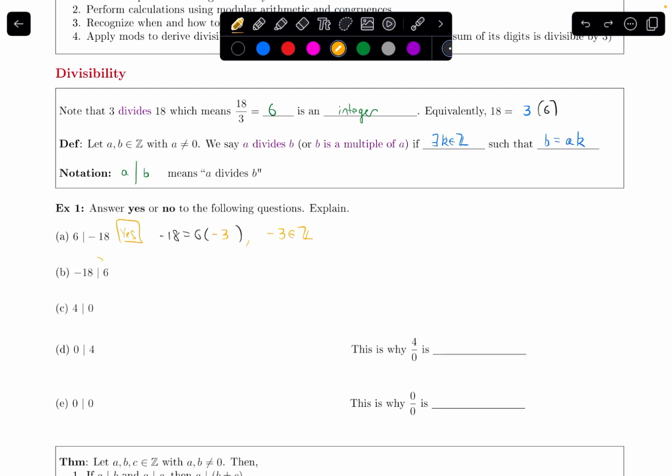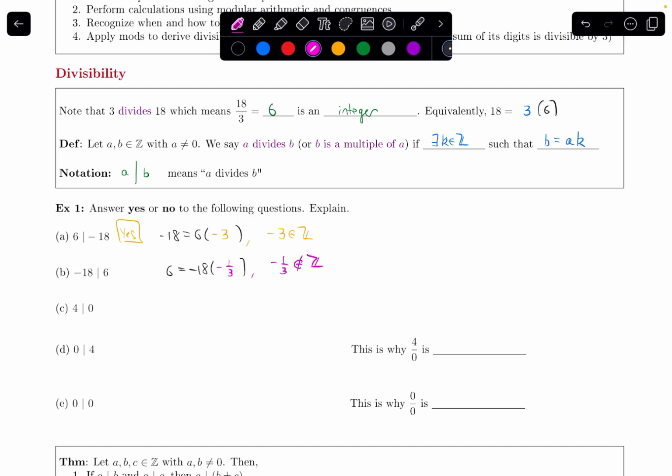In B, what if I flip it? Does negative 18 divide 6? Now the 6 is over here, and is that equal to negative 18 times some integer? The value that works in the parentheses is negative 1/3, but unfortunately negative 1/3 is not an integer.